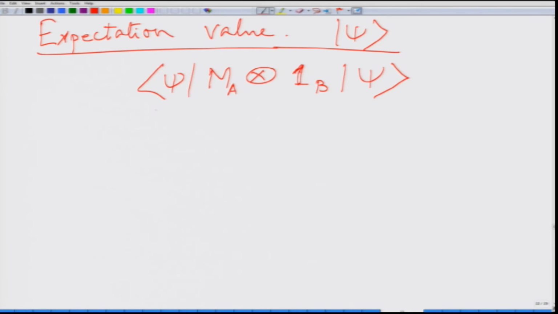I have already defined psi for you, so I am going to put that back. So, that is going to be A star.